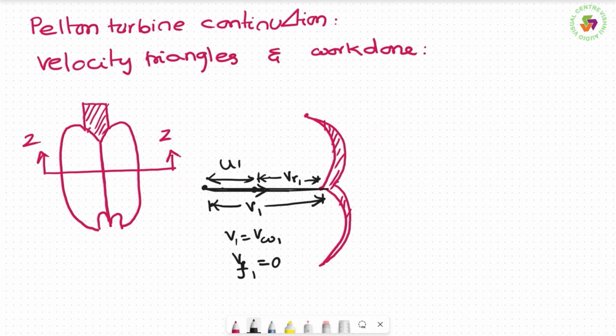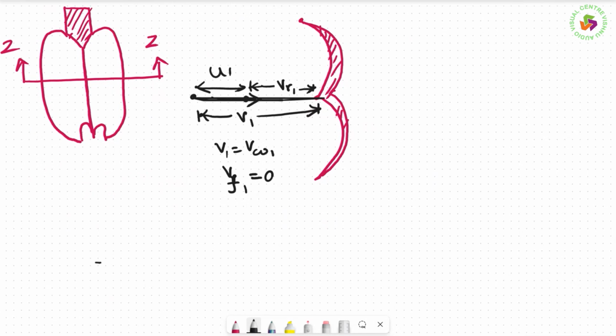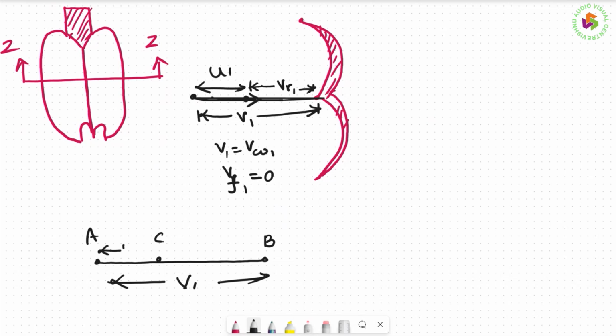If I draw the velocity triangle at the inlet once again, this is how the jet strikes. A, B, you can put it. This is V1, and AC you can put as U1, the velocity of the vane, whereas the rest is VR1. So this is how the velocity triangle is.